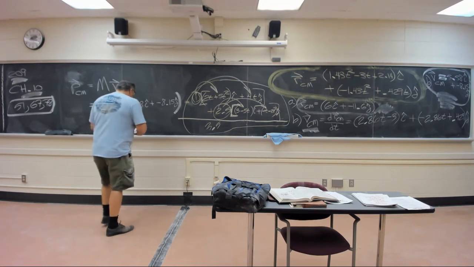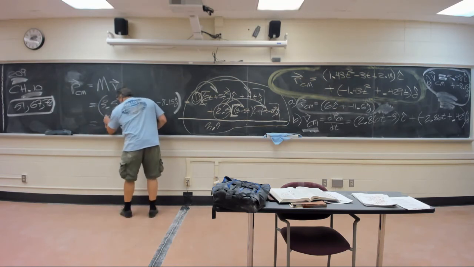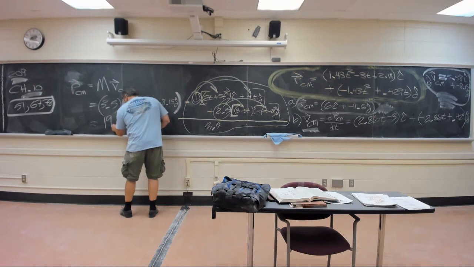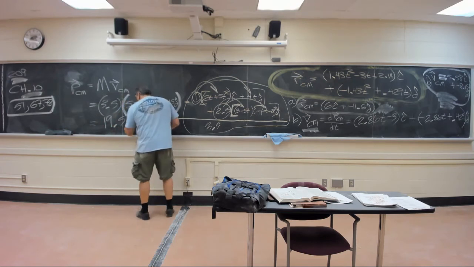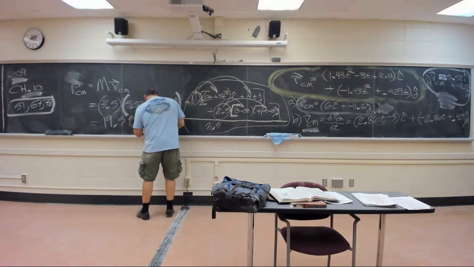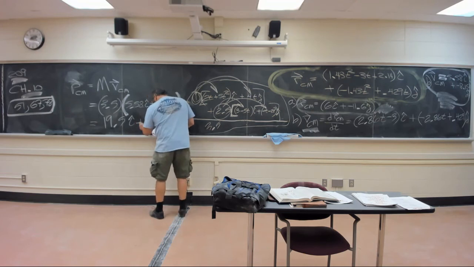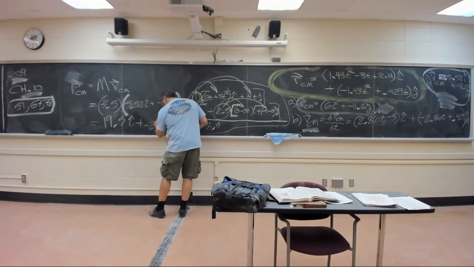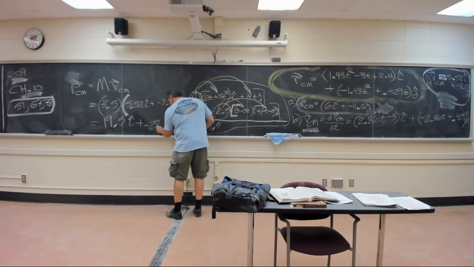Grind that out, guys. Just multiply it out. I've got all of this in the notes, so I just think you should kind of know the argument, I guess. At the end of the day, I get 28.5.